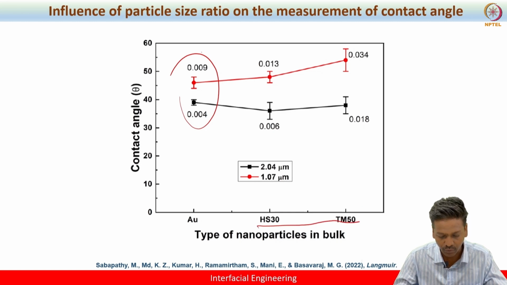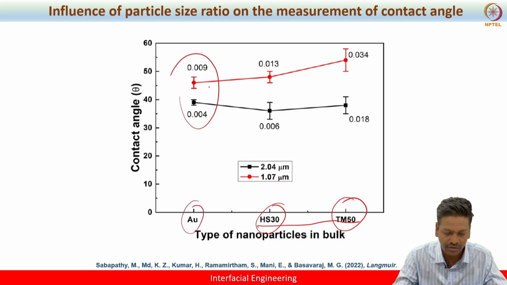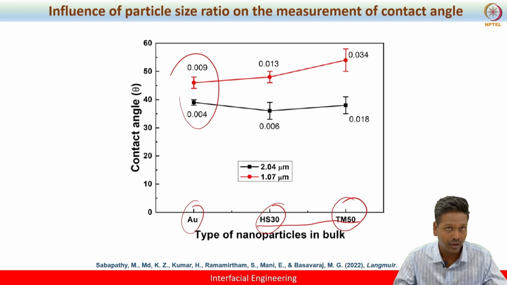These two are commercial grade, HS30 and TM50. The size of these nanoparticles is different, and what we employed is also different. So for gold nanoparticle deposition, the accuracy is better than these two methods. It comes to say that the lower the nanoparticle size that we employ, the better the accuracy of the contact angle measurements, right?